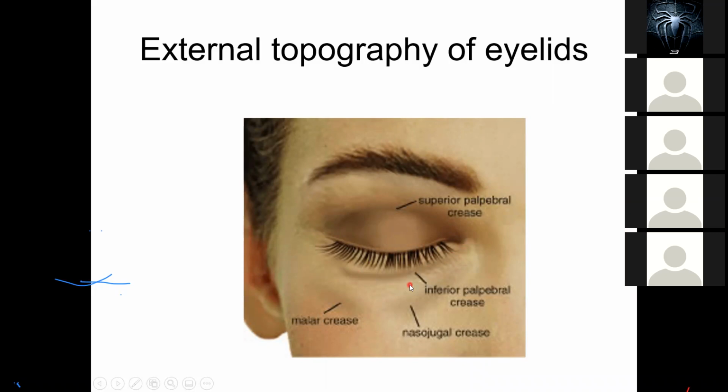Now, when we are judging the severity of dehydration, when we talk of the sunken eyes that we've been talking about, what we actually see is a prominence of the palpebral creases. So when someone becomes dehydrated, they are seen to have sunken eyes. It's the superior palpebral crease and the inferior palpebral crease that become more prominent.